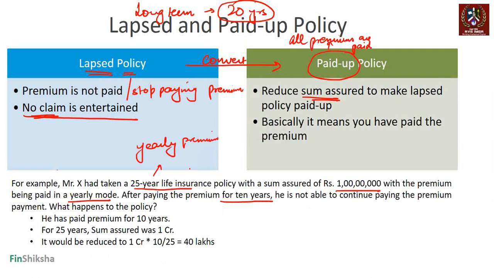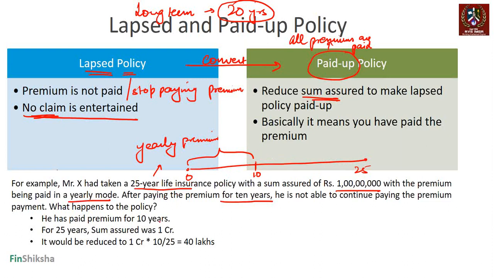If I draw a timeline of 0 to 25 years, after 10 years, he stopped paying the premium. So effectively, his insurance was only for these 10 years. If he stops making the payment from the 10th to the 25th year, there is no cover. Correct? Now, that's a lapsed policy if you stop paying after 10 years.